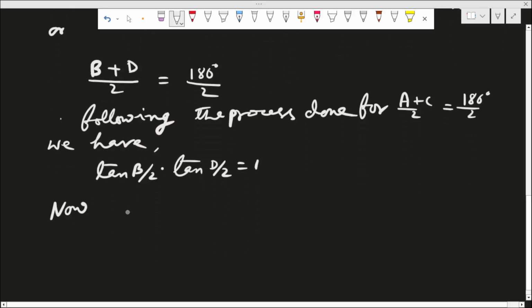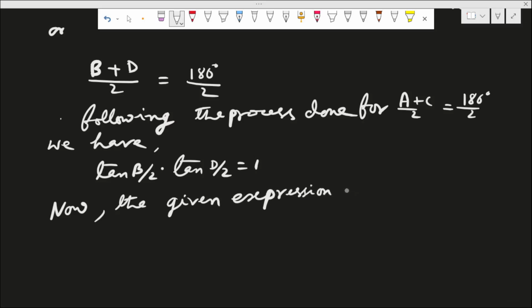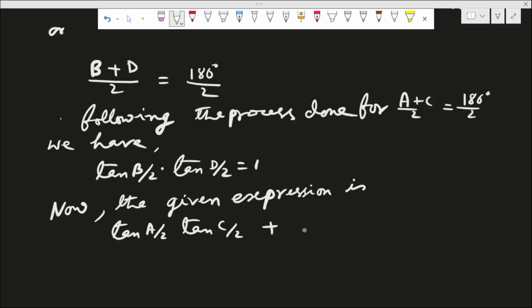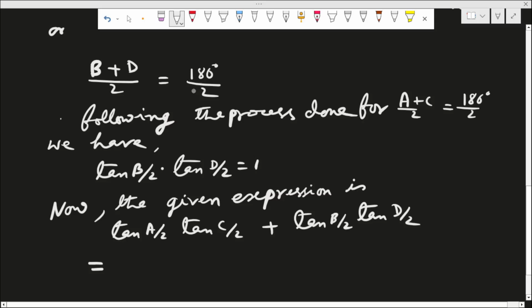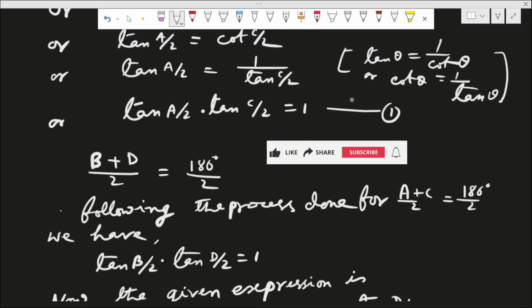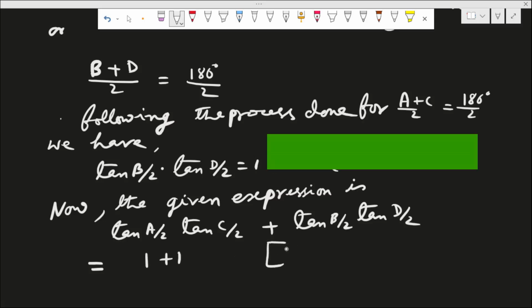Now the given expression is tan A by 2 tan C by 2 plus tan B by 2 tan D by 2. This is equation 1, this is equation 2.